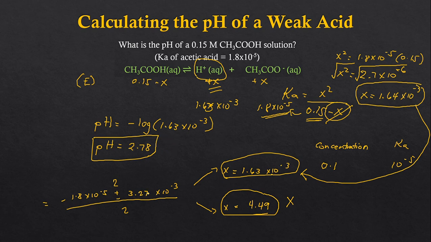Yung isa yung long method na gumamit tayo ng tawag dyan ng quadratic equation. Yung isa yung approximation. So, ang tatandaan nyo lang sa approximation, kapag yung concentration natin is around 0.1 or 1 decimal place, tapos yung Ka natin is around 10 to negative 5 or greater pa dyan, hanggang, kunwari, 10 to negative 6, 10 to negative 7, then pwede natin i-ignore or i-cancel out itong minus x na yan.